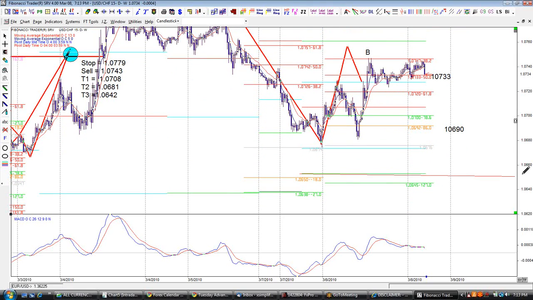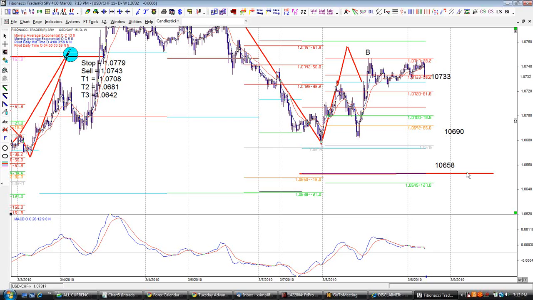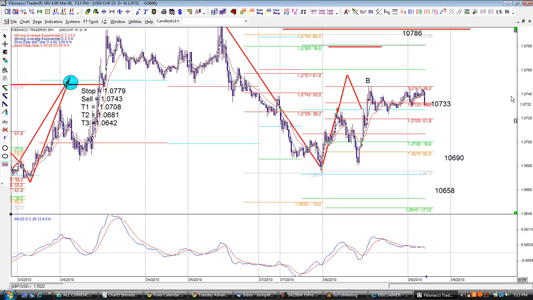And for third target, we can use 0658. Okay, this was on the franc.